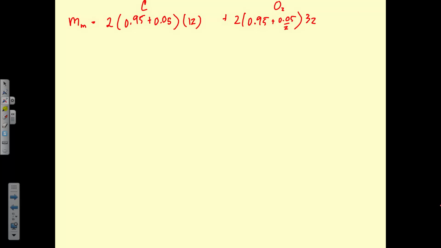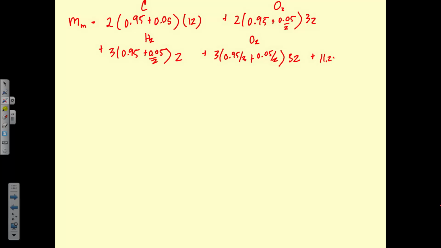This is for oxygen. Plus 3 times 0.95 plus 0.05 over 2 times 2. This is for hydrogen. Plus 3 times 0.95 over 2 plus 0.05 over 2 times 32. This is for the other oxygen. Plus 11.28 times 28, which is for our nitrogen.